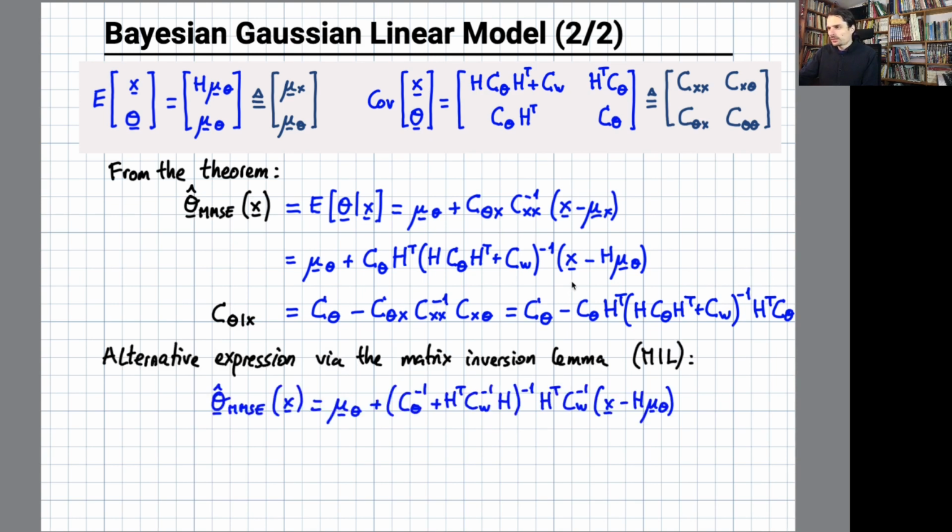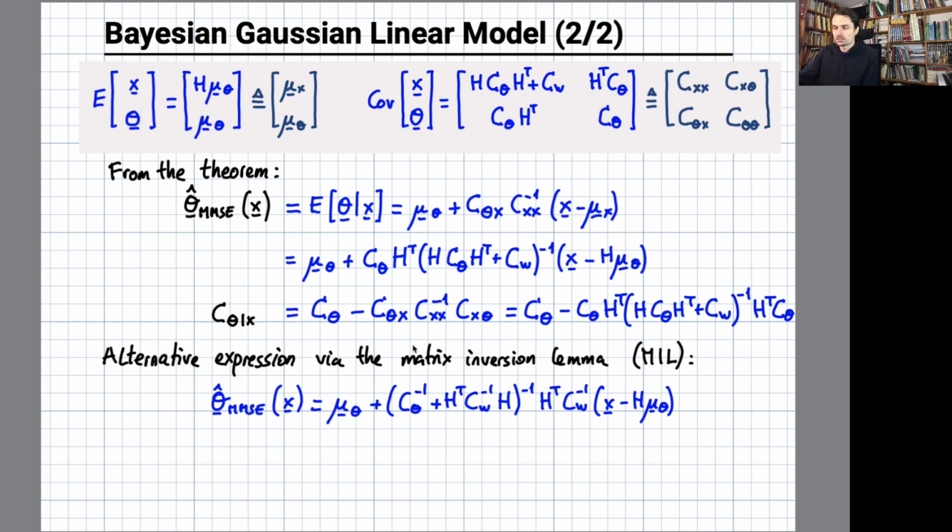Although we can use these expressions, it is instructive to rewrite this one to interpret it further. So to that end, we can apply the so-called matrix inversion lemma, which is a well-known identity in linear algebra. It's also called the Woodbury identity.